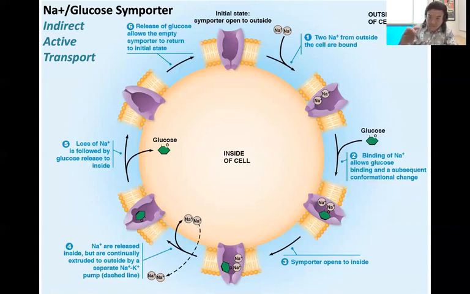For example, the one we looked at earlier in this lecture, the sodium-potassium antiporter. That's how the sodium would be pumped out so that this sodium glucose symporter can work indirectly. But technically speaking, this still requires energy.